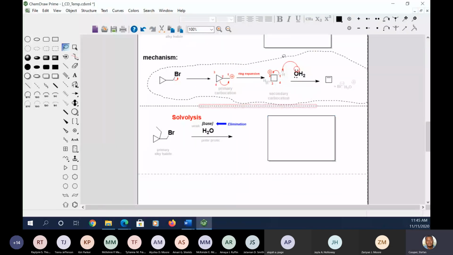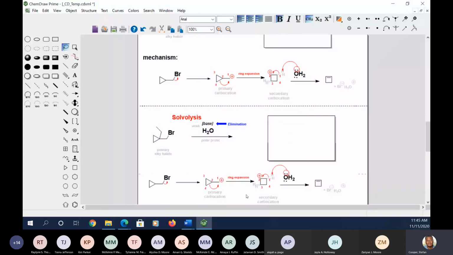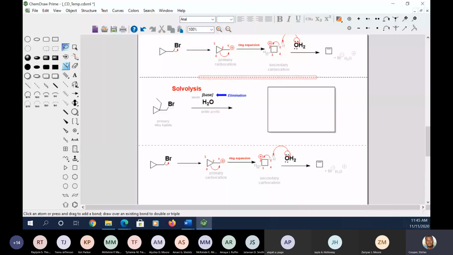Okay. Let's take a look at the difference in our mechanism, all right? I'm going to bring this down a little bit. All right, so again, the leaving group is going to leave, but I need to make sure there's an alkyl group shown here. So now carbon 2 is going to have a what attached to it?